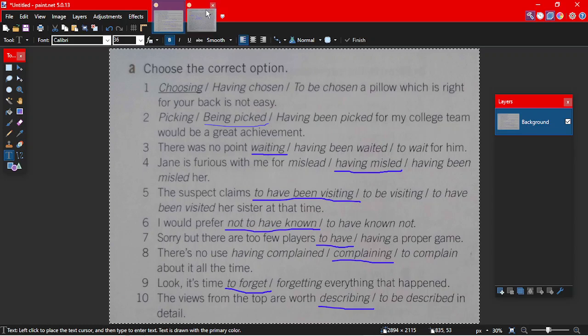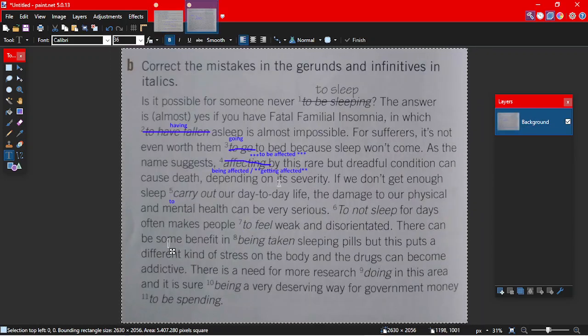If you don't get enough sleep to do something, this thing is a cause and this thing is a consequence. If we don't have enough sleep to carry out our day-to-day life. Yeah, and the way you can think about it is I can't carry out my day-to-day life because I didn't get enough sleep. It's like a cause and a consequence.